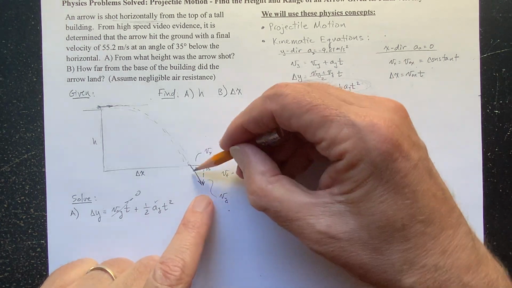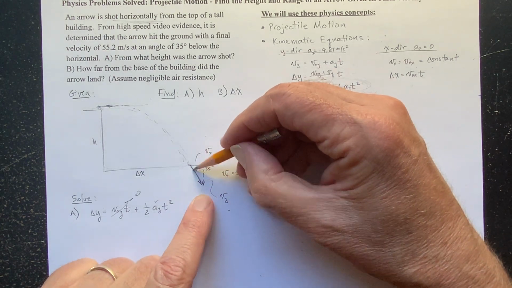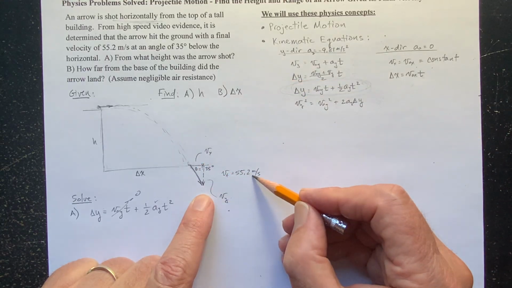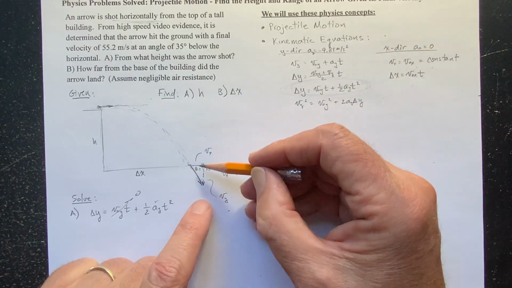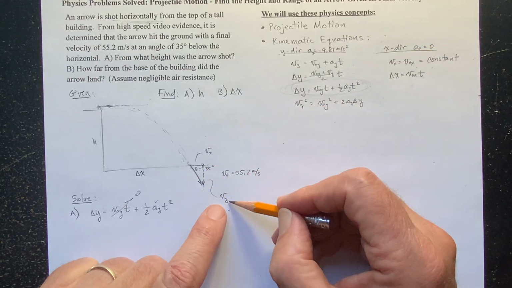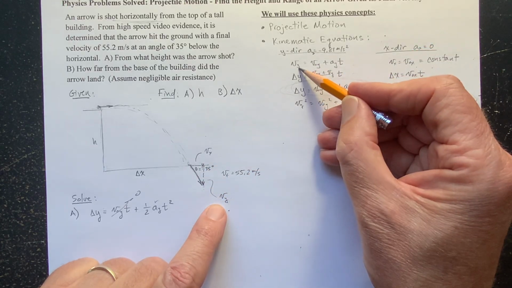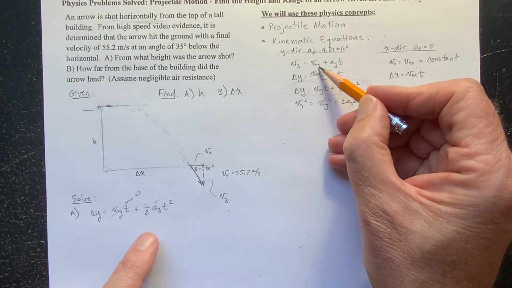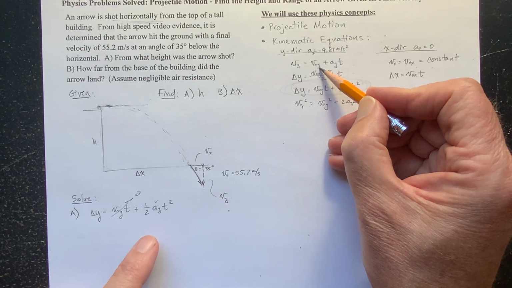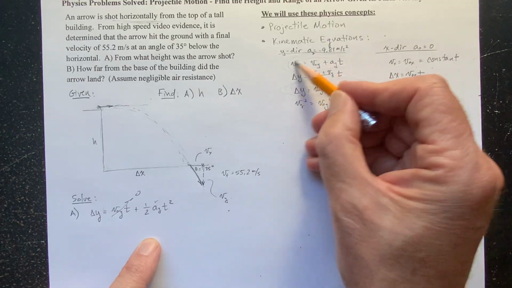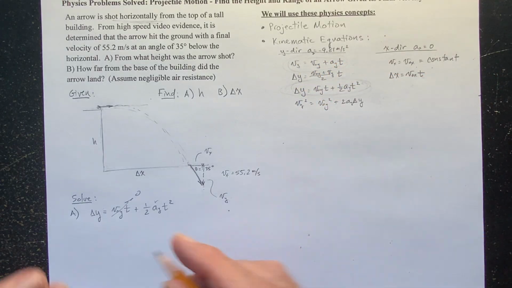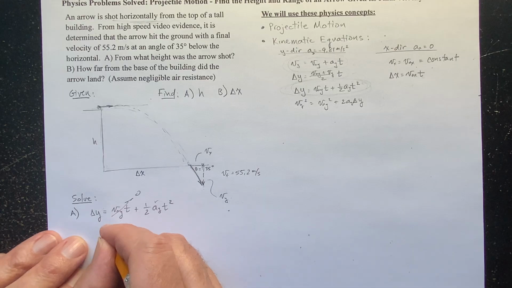And given that this magnitude here, this hypotenuse, is 55.2 meters per second, and I know the angle, I can figure out what the legs are. So I can figure out what the final velocity is in the y direction. I know the initial velocity in the y direction is 0, and I know what the acceleration is. Oh, I can solve for time. I can use this first equation to solve for time. Okay, so let's do that.